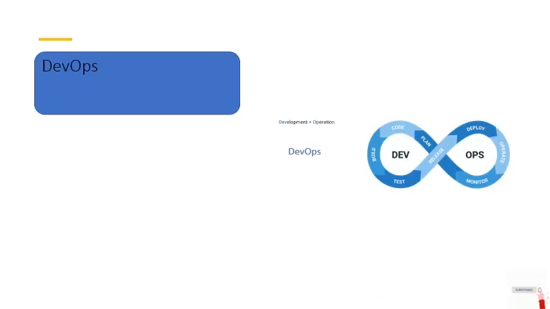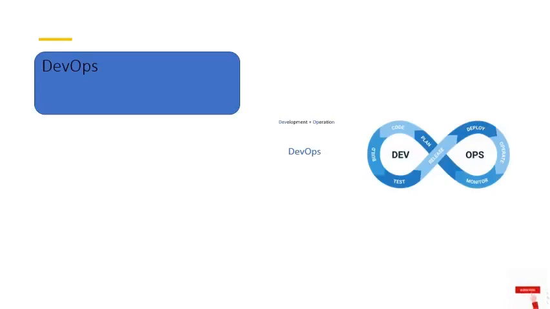Let's understand what DevOps is. DevOps is something where development and operation work together. So we can say Dev from development and Ops from operation. Hence, we have the new word, DevOps. From the slide, you can understand that DevOps is related to the development team and the operation team, and this is the plus symbol in between them.